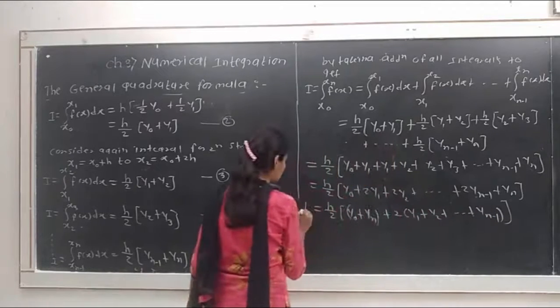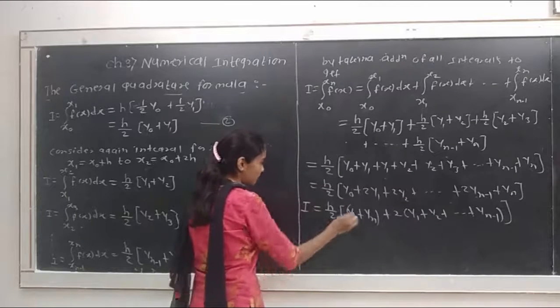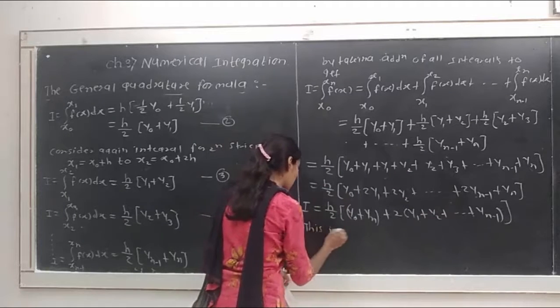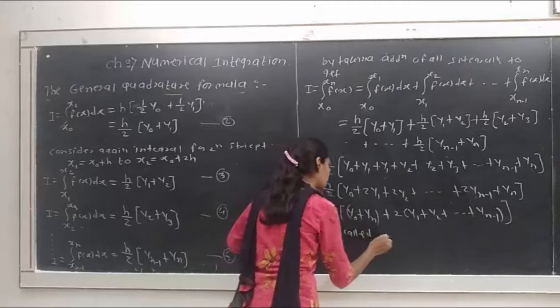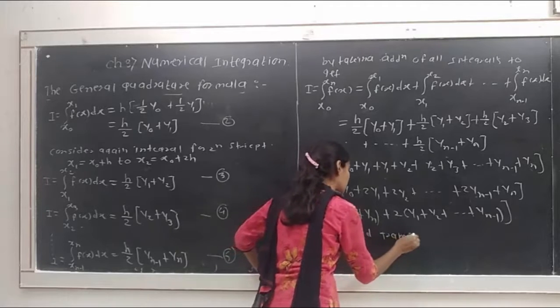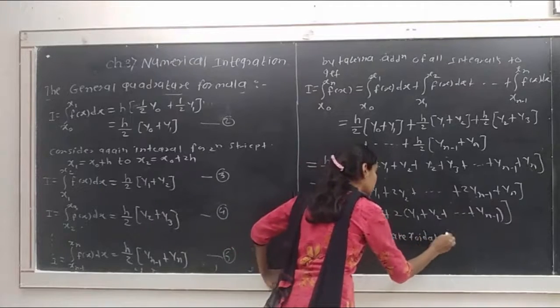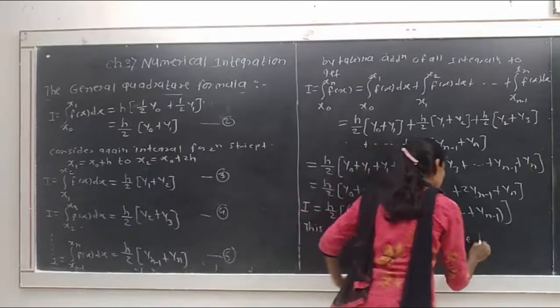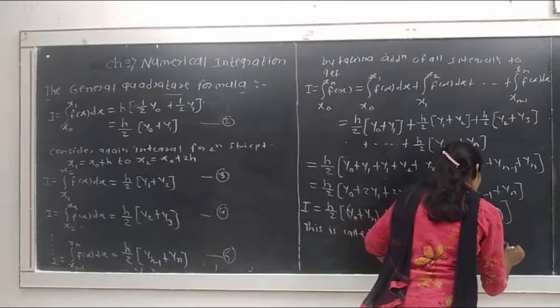So this is the I, and this is called trapezoidal rule for numerical integration.